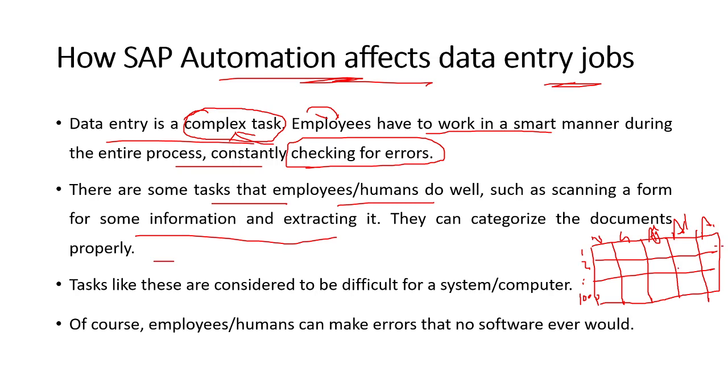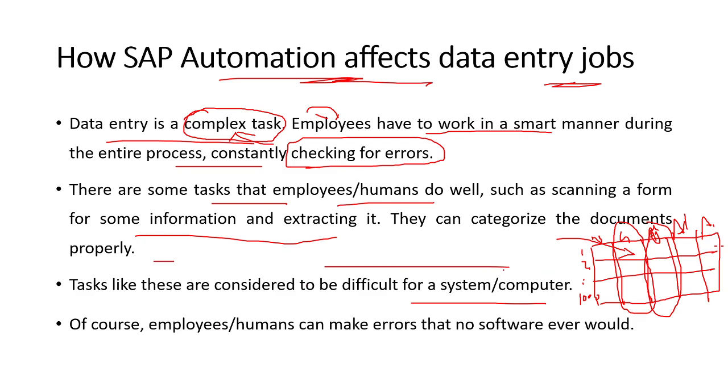Now the requirement is that they need to extract only the gender and the ages. Then this task can be performed very easily by a human being, right? Compared to the system. That's what he is telling.